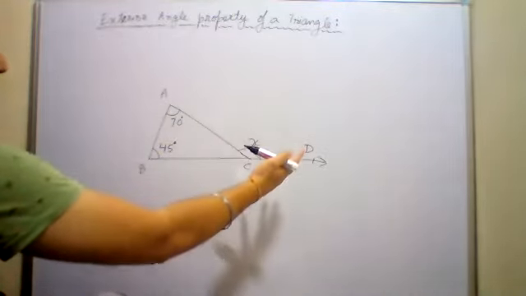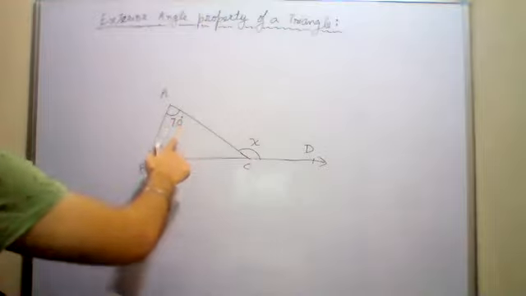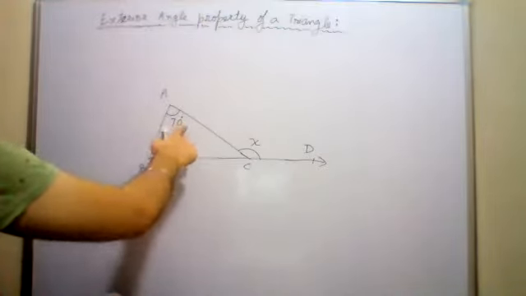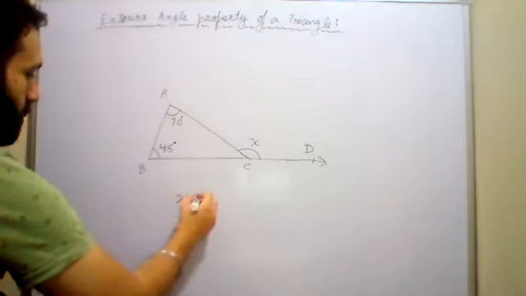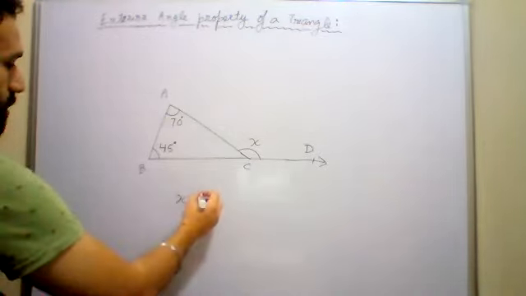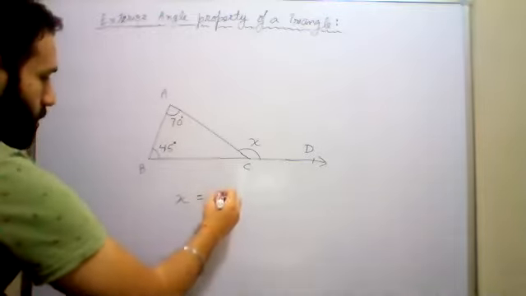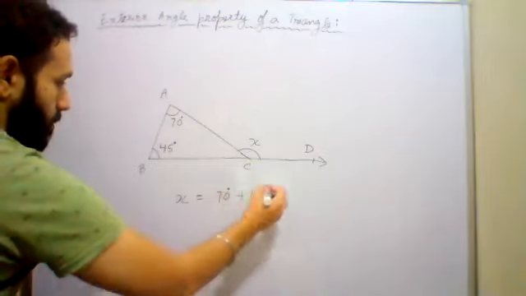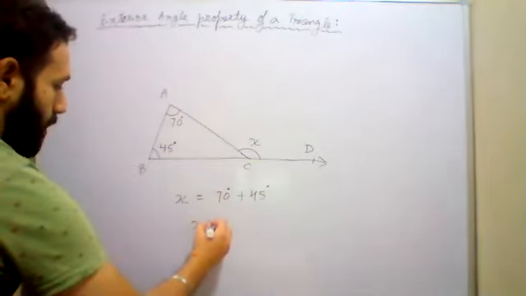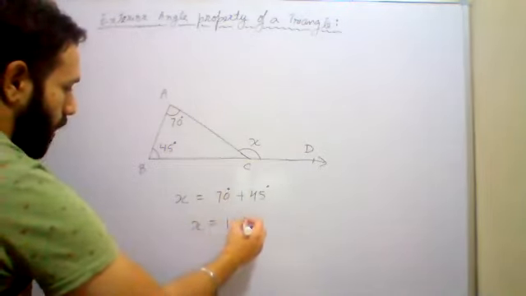Simple thing. These are opposite interior angles. If I add these two, I will get the value of the exterior angle. So exterior angle is x, and if I add the opposite interior angles 70 degrees and 45 degrees, I will get the value of x. So x is equal to 115 degrees.